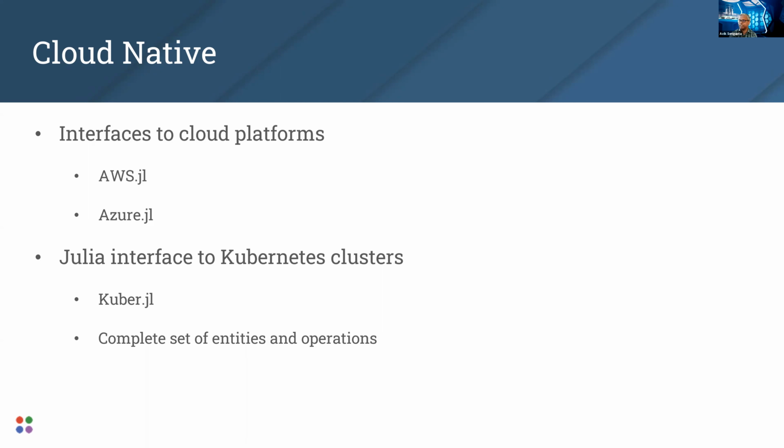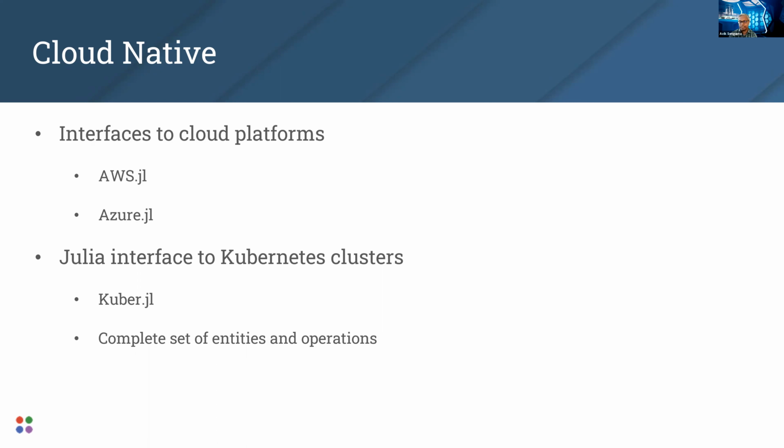I believe there's a similar package, although not that well developed, for Google Cloud Platform as well. And so using AWS.jl, you can connect to any AWS service. So you can get data from S3, you can start EC2 nodes. And so you can use Julia to manage these cloud clusters. You don't have to use Python or Boto to manage the clusters to run Julia code. You can use Julia libraries to manage the cluster in which you're running that Julia code, right?